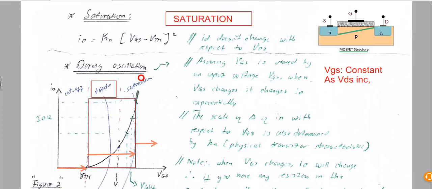But let's look at this. Assuming that there is a small change in VGS, looking at the slope over here, let me get this straight, the slope over here. Let's say VGS is here, and there is a small change in VGS.